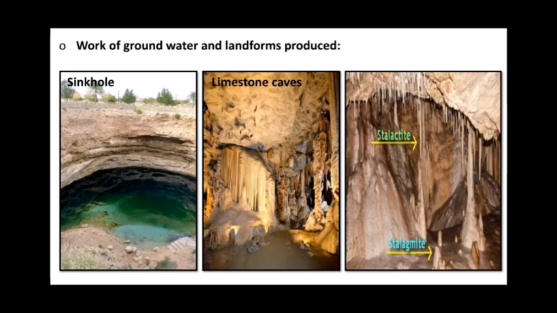Those straight crystals, salt-type things, are called stalactites. Similarly, when the water droplets fall down but the minerals present in them are formed in one place, the stalagmites are formed. So these are all the landforms that are formed due to the groundwater.